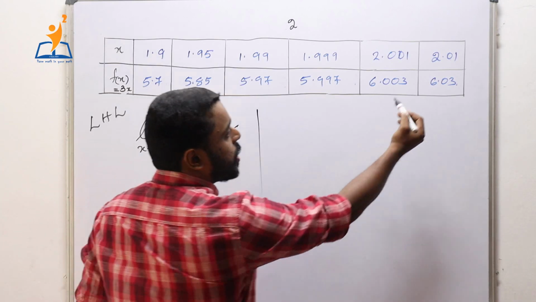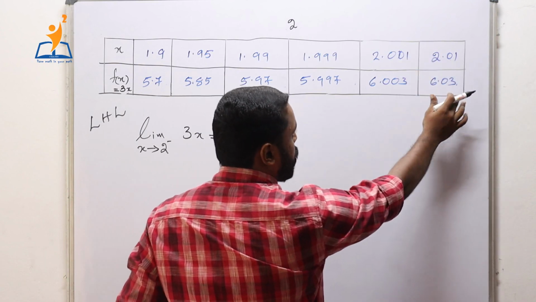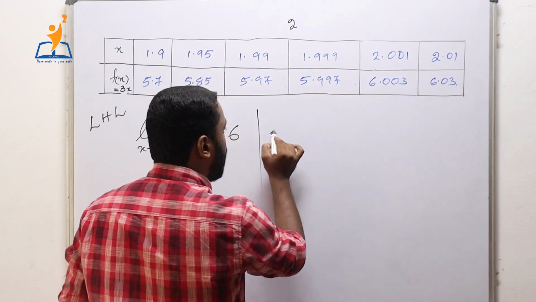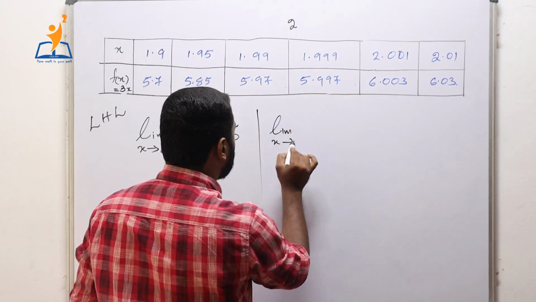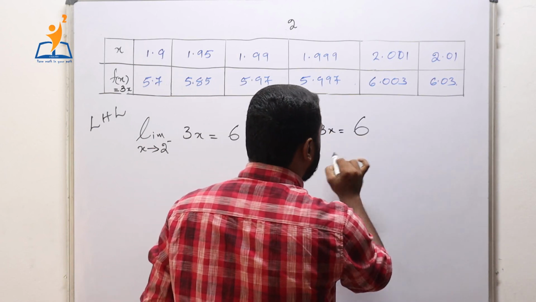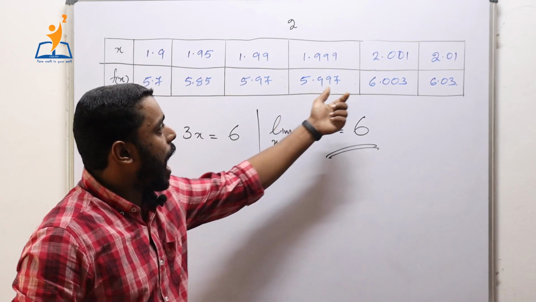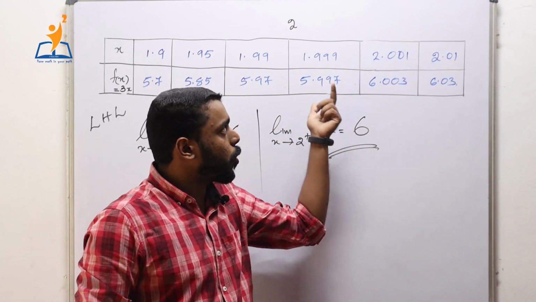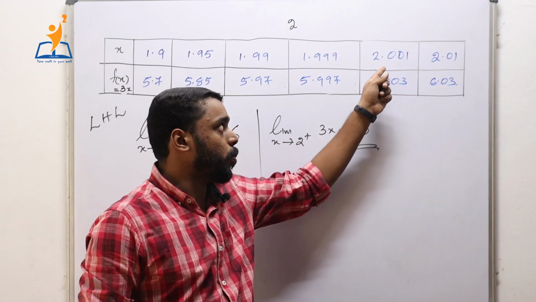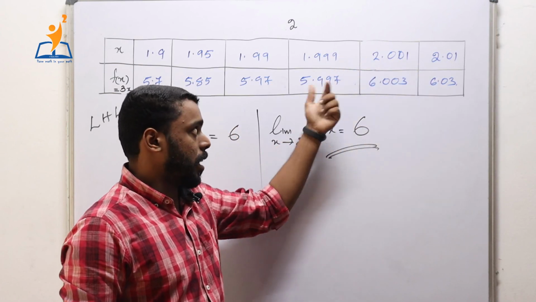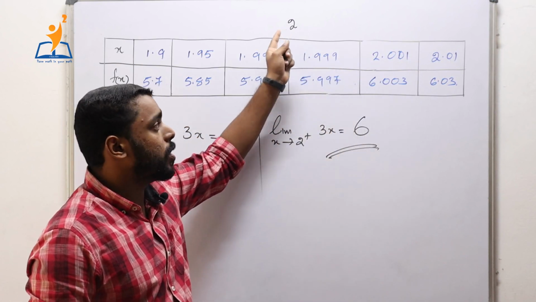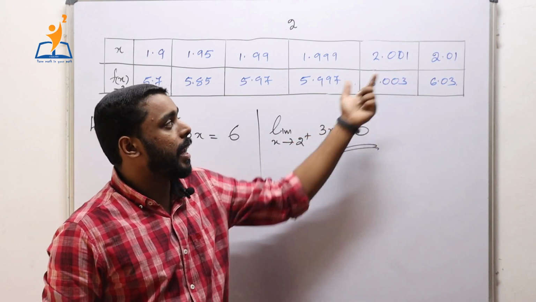Now to the right side, 2.01, 2.001. You can see that the output value decreases to what? 6. So we can write limit x tends to 2 plus of 3x is nothing but 6 again, because as the input values approach from 2.01 to 2.001, continuing like this, the input values approach 2 from the right side.